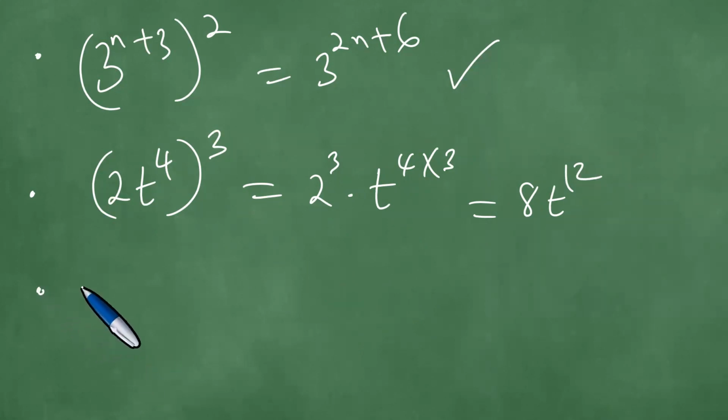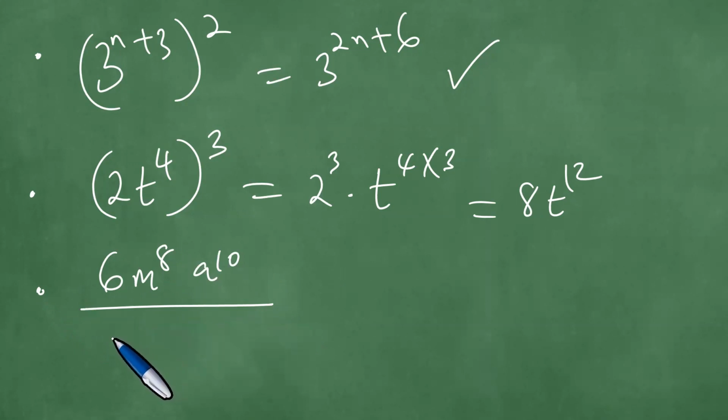Okay, so what about 6m to the power 8 a to the power 10 divided by 2m to the power 3 a to the power 5? What's the answer? Divide 6 by 2.